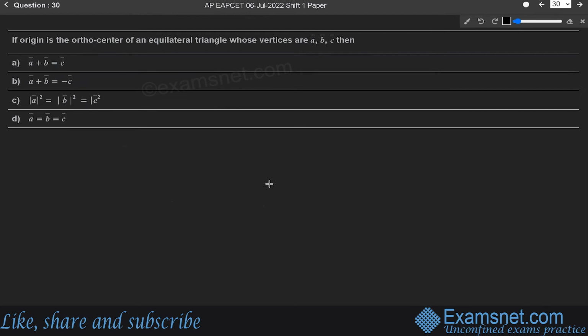Next question is, if origin is the orthocenter of an equilateral triangle whose vertices are A vector, B vector and C vector, then.